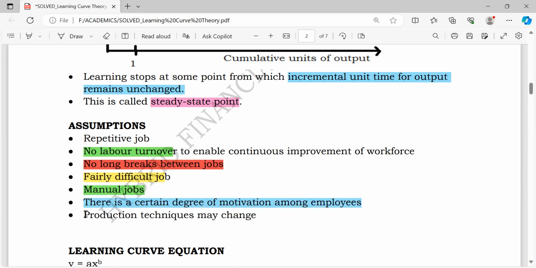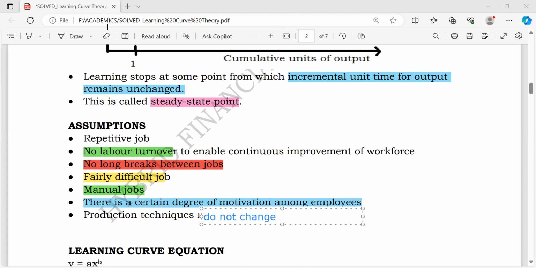Because if you change production techniques, even if labor have done the job for a long time, they will have to relearn. Let me rewrite this properly: production techniques should not change. So this should be the case, right?